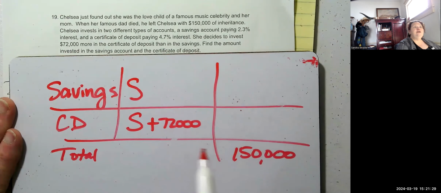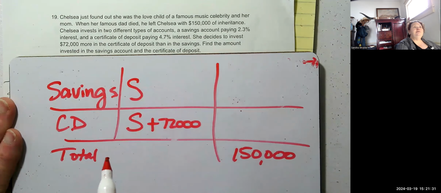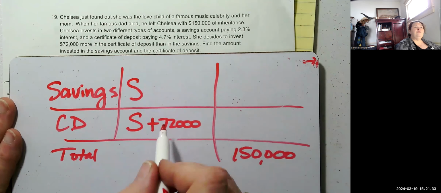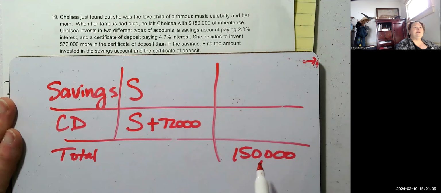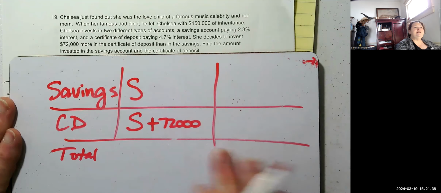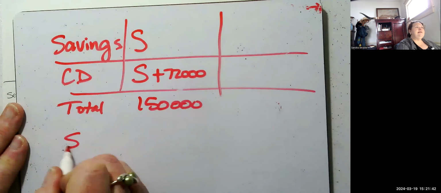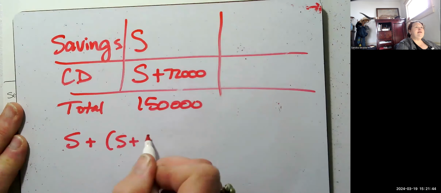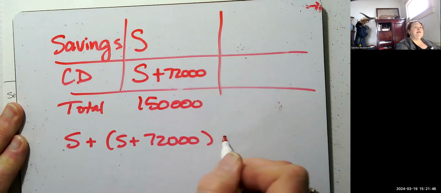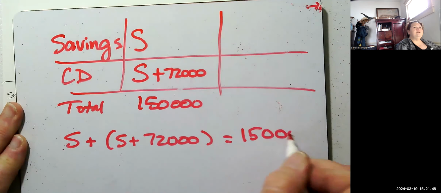All right. So S plus these two together would add up to 150,000, right? So I don't even need this in a separate place. I can just put it right here. So S plus S plus 72,000 is equal to 150,000.